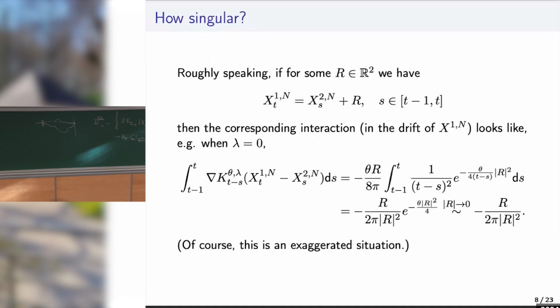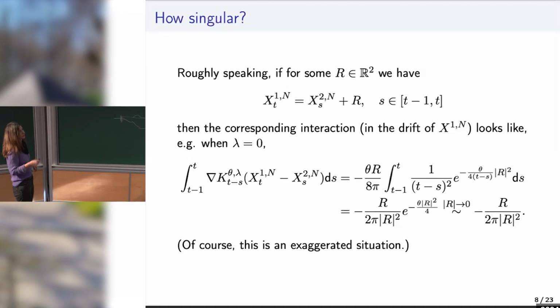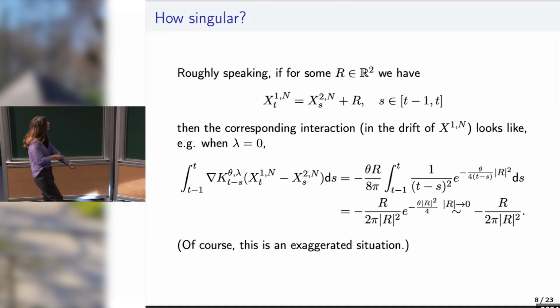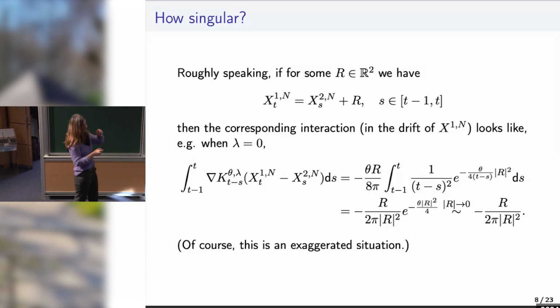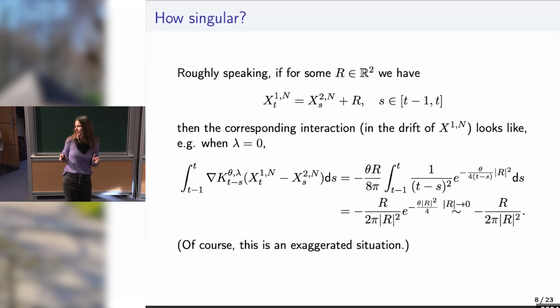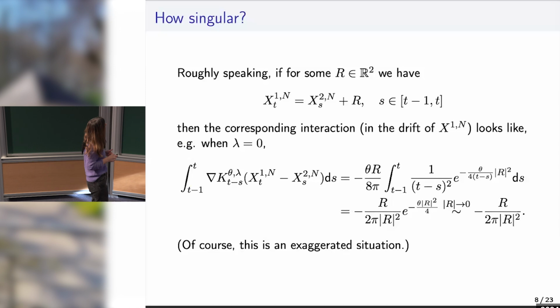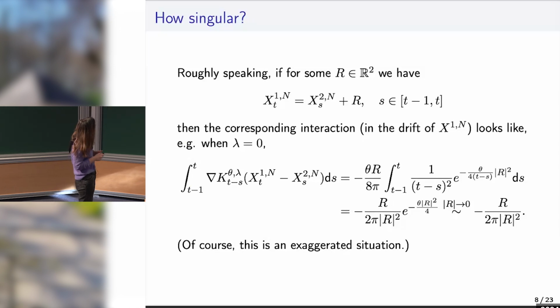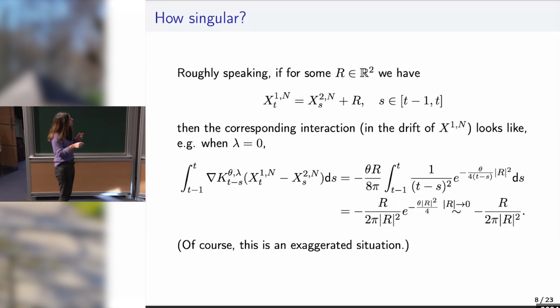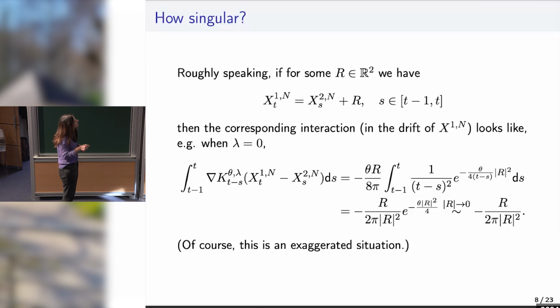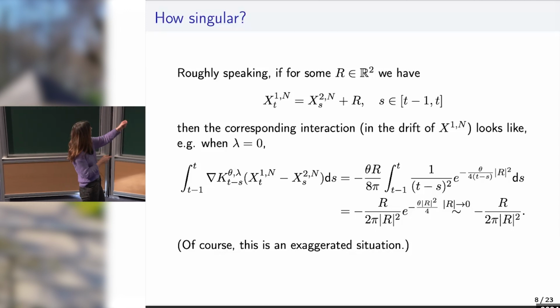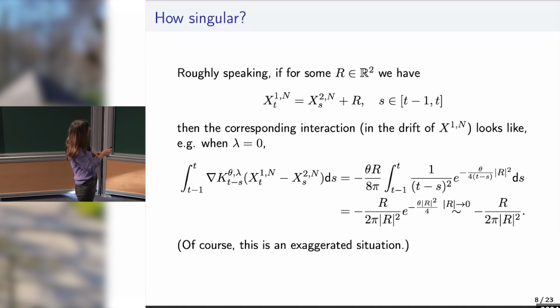So a very exaggerated situation to see how singular this is, okay, is that if you suppose, but this is very, very exaggerated, probably this will never happen, that in a period of time, let's say that two particles behave like this. Okay, let's suppose this, so that in a small period of time, basically there is this vector r, and we are always at the distance r between 1 and 2 for a small period of time.